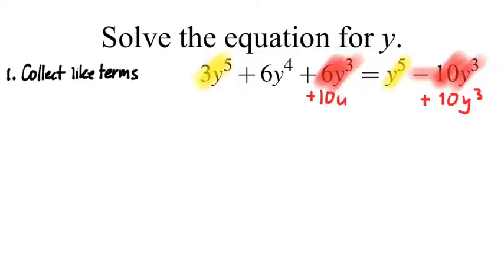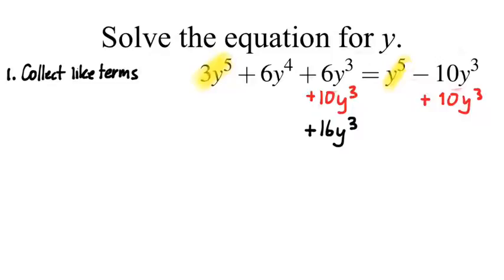Because then on the right-hand side, that's going to cancel with the negative 10 and give me no more y to the thirds. And on the left-hand side, that can combine with the like term plus 6y cubed and give me, how many y to the thirds do I end up with on the left-hand side? 16. So then on the left-hand side, I'll have 16y to the third. Okay? And so that takes care of the 10y to the third.